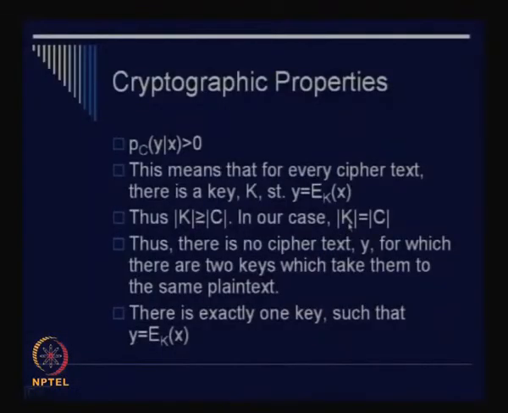And what we have said is that if we assume the size of K and the size of C are the same, then there are no two distinct keys which take x to the same ciphertext. Thus there is exactly one key which defines the mapping from x to y.